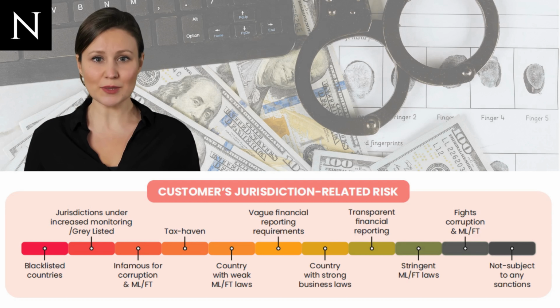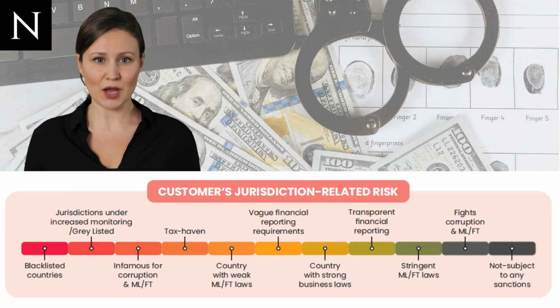One of the critical elements of customer risk profiling is the customer's jurisdiction. A country having strict anti-financial crime regulations, known for fighting corruption or having transparent financial reporting requirements, is treated as posing a lower AML/CFT risk to the business.